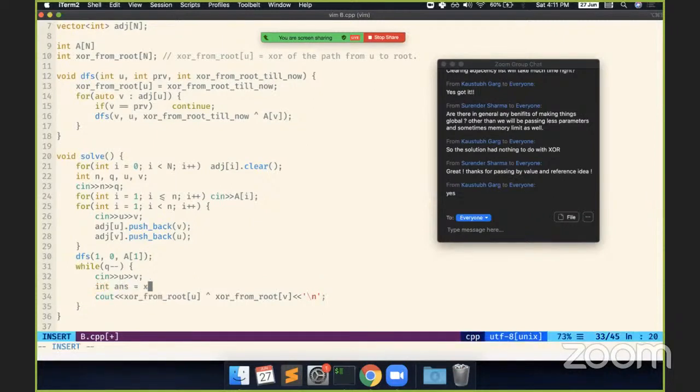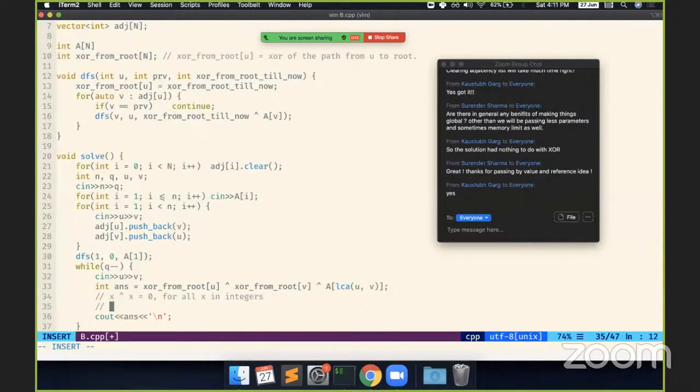Okay, and notice what will this answer variable look like? XOR has this property that x XOR x is 0 for all x in integers. Right? This property is there.